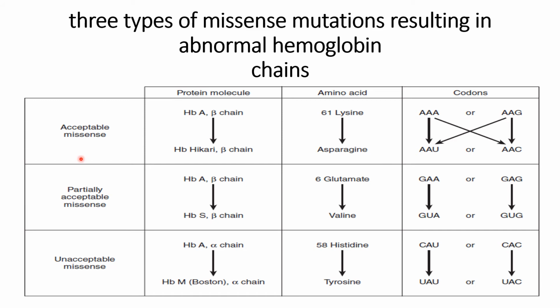Missense mutation may be acceptable, may be partially acceptable, or may be unacceptable. If it is acceptable, it means the polypeptide chain has the same physiological function, but electrophoretic analysis shows that there is a different amino acid present in the polypeptide chain instead of the original amino acid present in the original polypeptide chain.